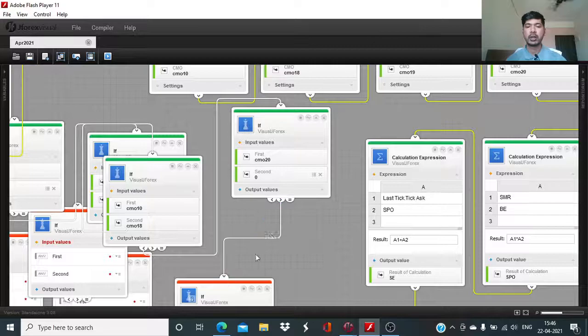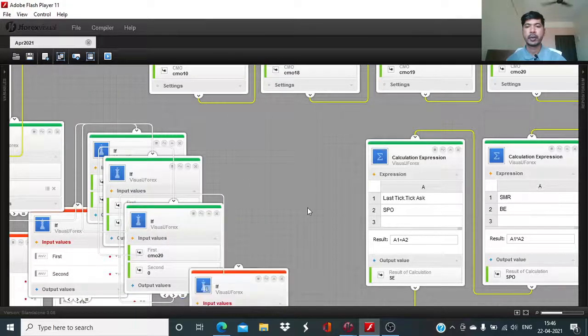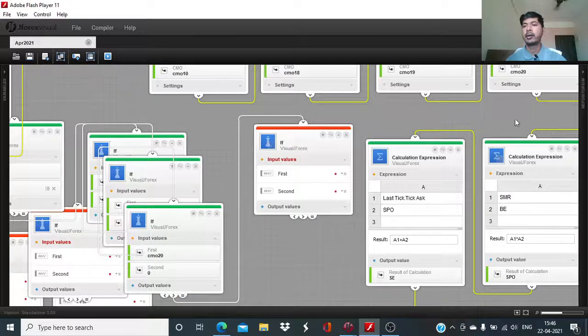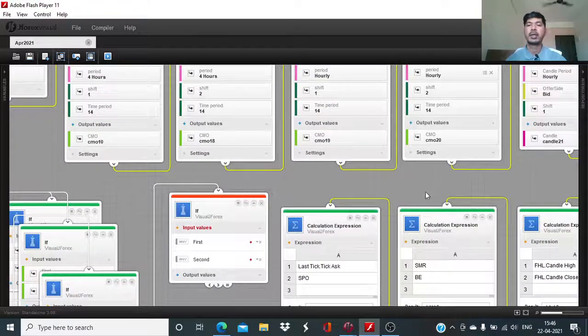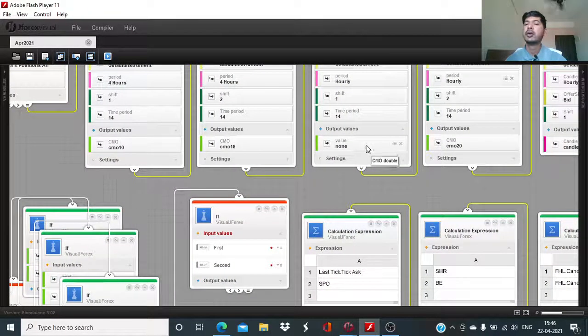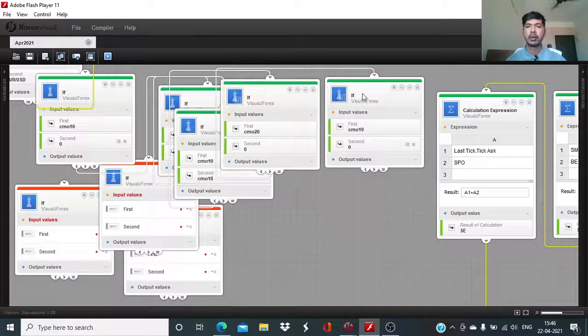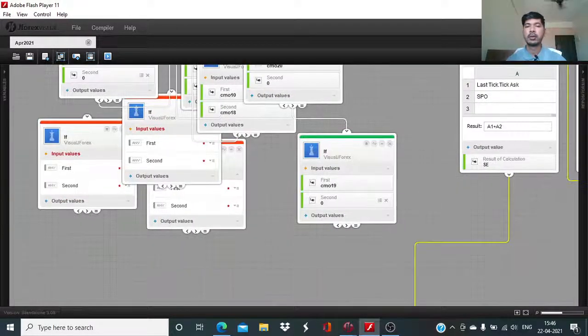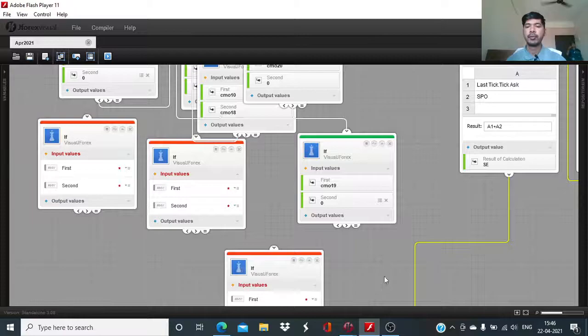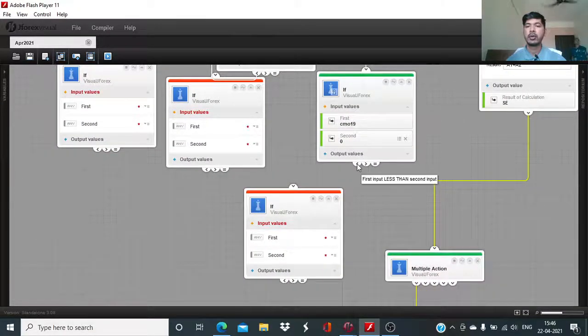First input greater than second input, and CMO 19, which is last hour's output value, should be below 0. First input less than second input.